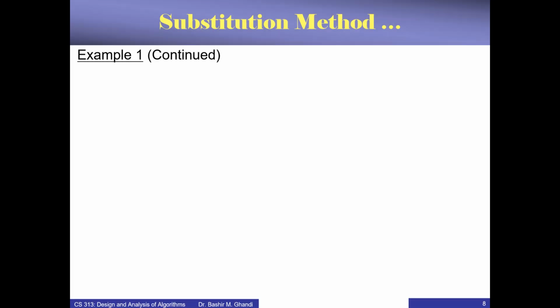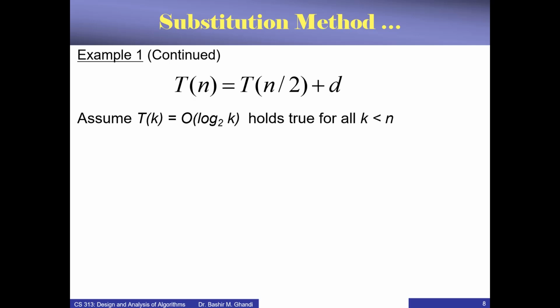So let's try it. Our T(n) is T(n/2) plus d, and based on our assumption, T(k), where k is less than n, is big O of log of k to base 2. Now we need to show that T(n) is indeed big O of log of n to base 2.